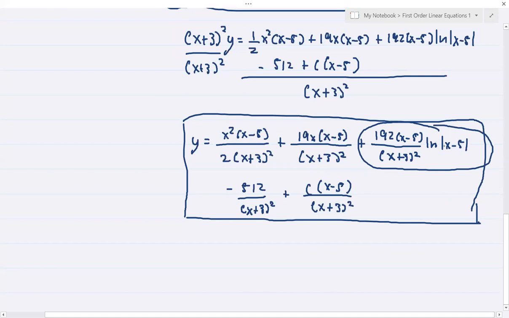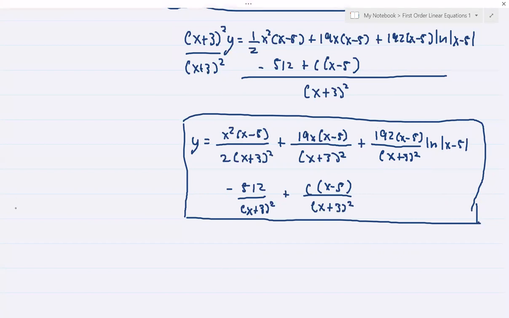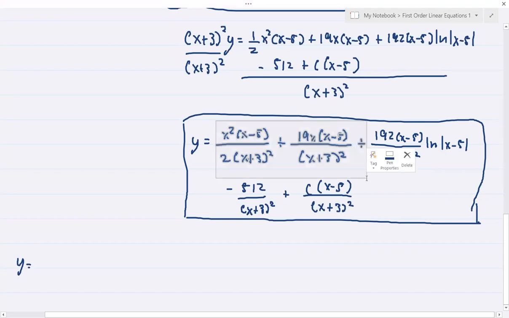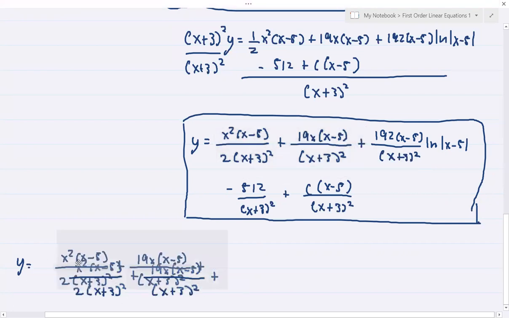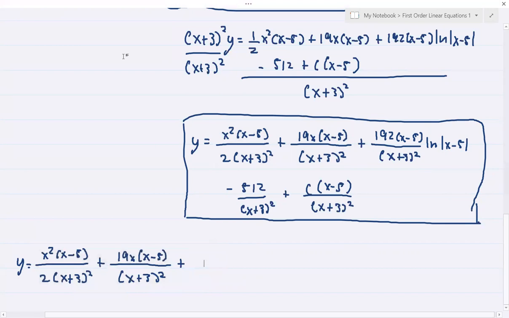Okay. Remember the laws of logarithm. You can make this one an exponent for your x minus 5. We can do that. So let me just copy this one. Your y is equal to, let me copy this one. Okay. So we will have this. Then for this one, by applying the laws of logarithm, we can put the coefficient of ln of x minus 5 as an exponent of your x minus 5.